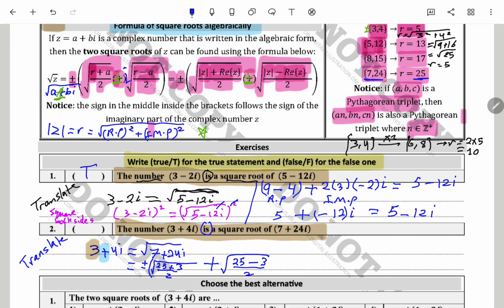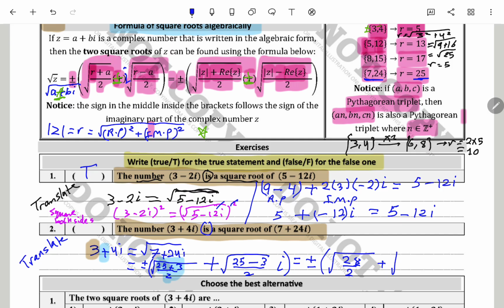Don't forget to write the i for the imaginary part. That's it. Now try to calculate. You can find the values under the root by adding 25 plus 3 divided by 2, which is 28 divided by 2, which is 14.